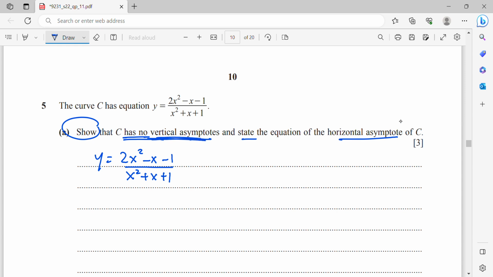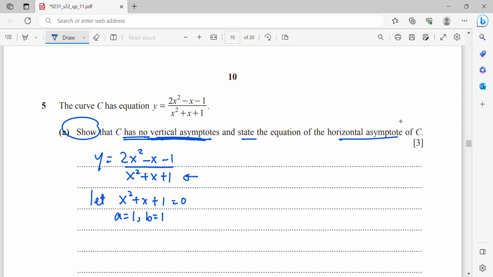When we need to solve for vertical asymptotes, basically we are referring to the denominator. We will let the denominator be 0. So I will let x squared plus x plus 1 equals 0. To show that there are no asymptotes means that you have to show there's no root for this quadratic equation. So now I will show using the discriminant. A, the coefficient for x squared, is 1.